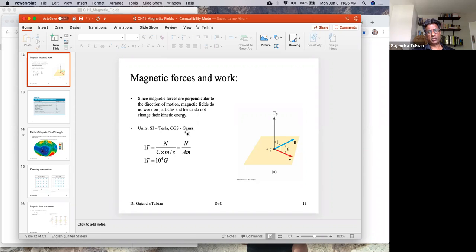So we define another unit called Gauss. 10,000 Gauss is 1 Tesla, and the Earth's magnetic field is about half a Gauss. You'll hear these two units, but the Tesla is the SI unit. The unit is named after Nikola Tesla. The Tesla car is also named after him.